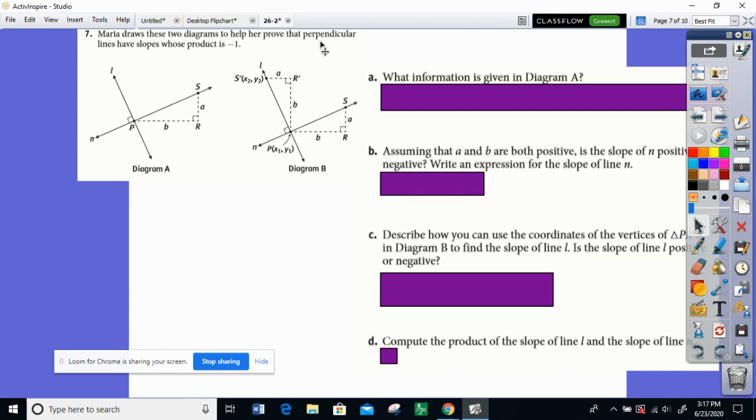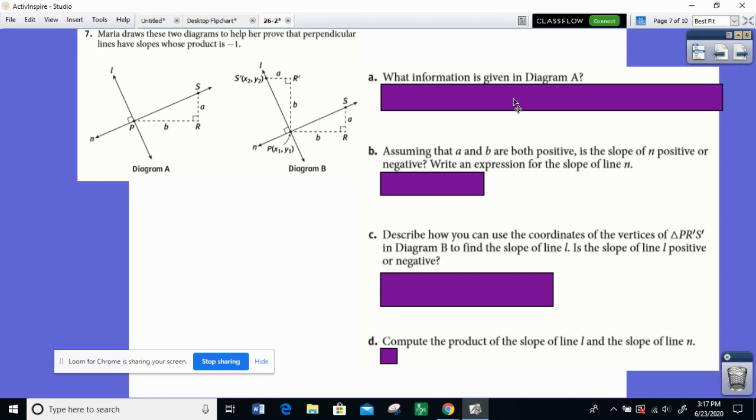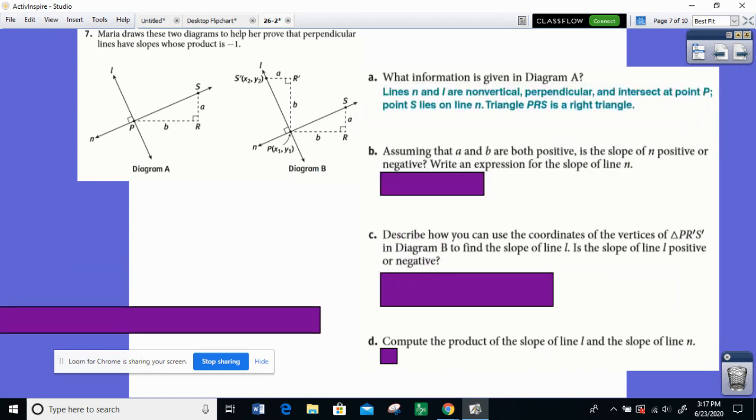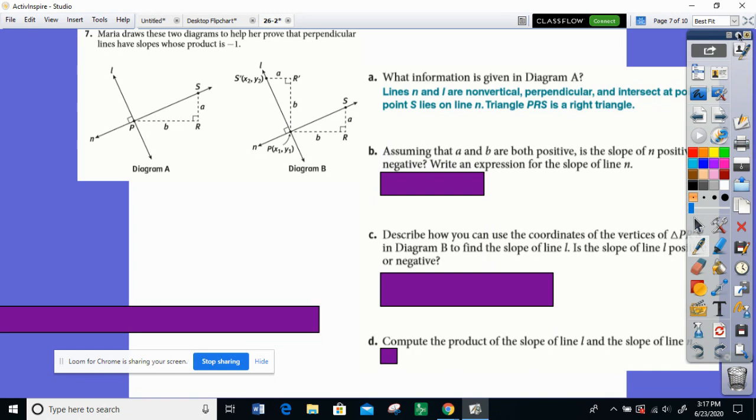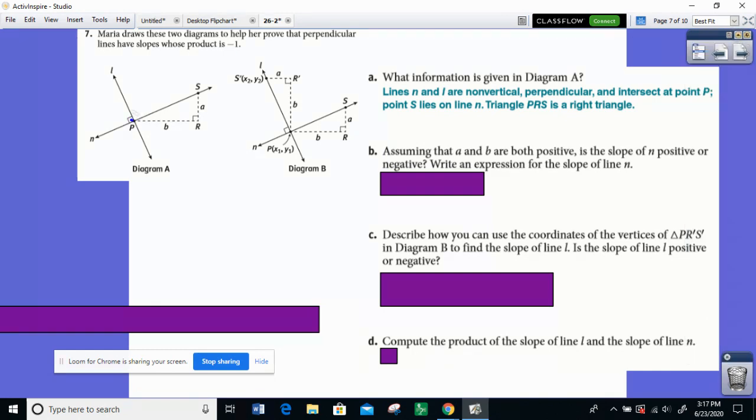We're going to try to prove that perpendicular lines have slopes whose product is -1. So here in diagram A, we've got lines N, which is increasing, and L, which is decreasing. They're perpendicular. They intersect at point P. Let's highlight point P here.